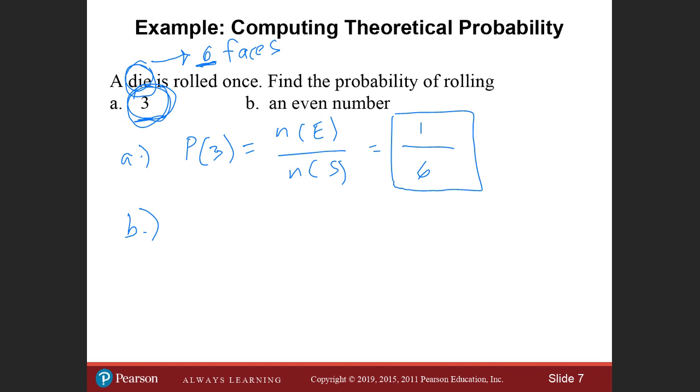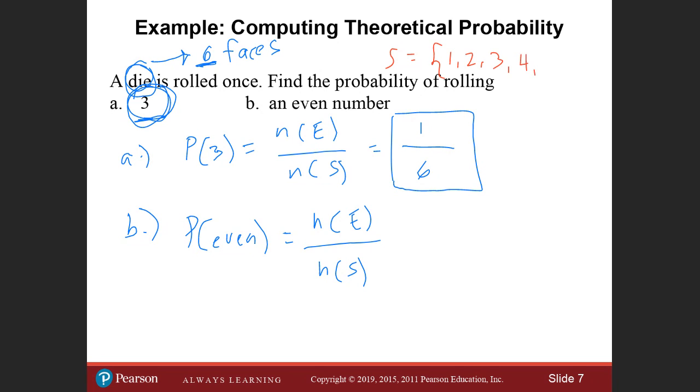Okay, so let's go for even probability. So for you to get an even number, okay, so remember the sample space here, it's in a set. You have 1, that's 1 face, second, 2, 3, 4, 5, 6. So we have 6.